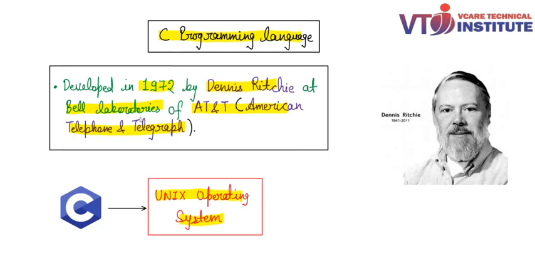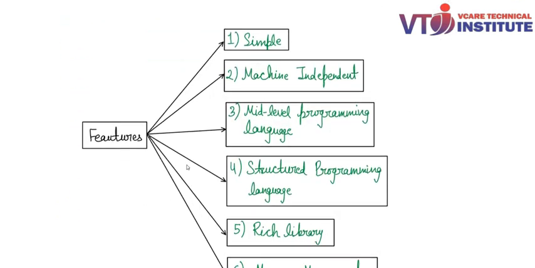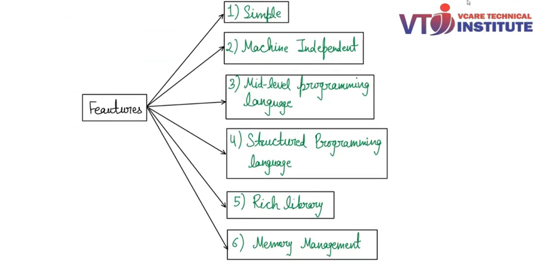Now we have told you about the C programming language, but why should you choose C? Why is C an easier programming language than other programming languages? Let's talk about the features of the C programming language.